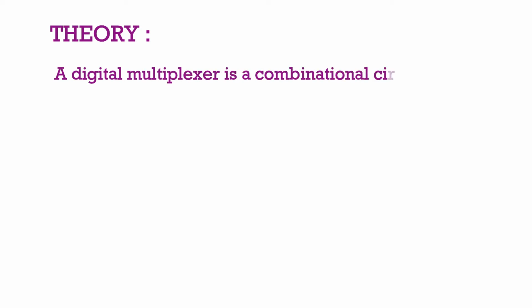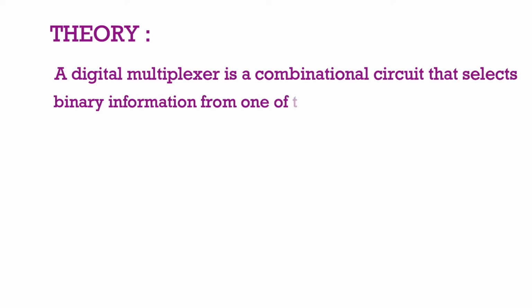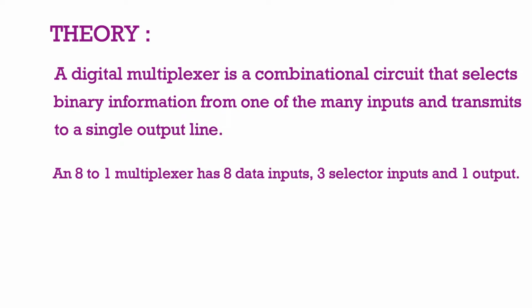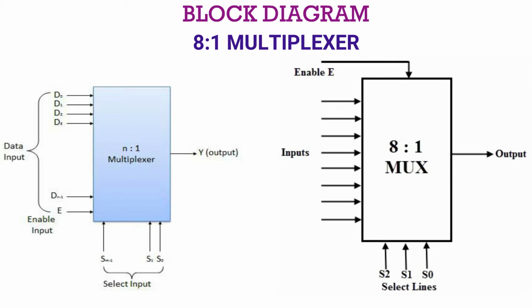So basically, you know what is a multiplexer. A digital multiplexer is a combinational circuit that selects binary information from one of the many inputs and transmits to a single output line. So an 8:1 multiplexer has 8 data input lines, 3 selector input lines and 1 output line. You can see the block diagram of an 8:1 multiplexer where you have 8 data input lines labeled from D0 to D7, which act as data input lines.